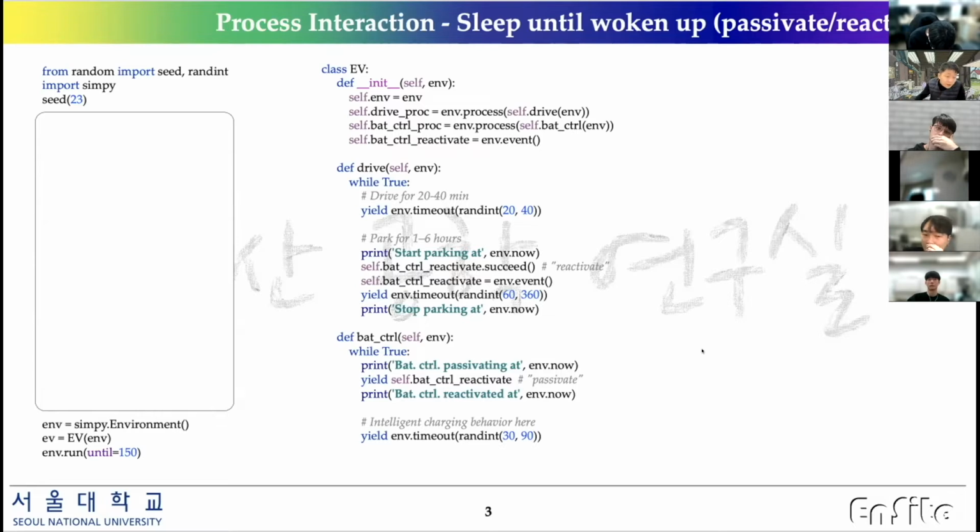But in SimPy version 3, which we are currently using, and also including version 4, we don't need to use the passivate and reactivate functions, because the same behavior, reactivated or passivated, can be implemented with a normal event, the SimPy shared event.